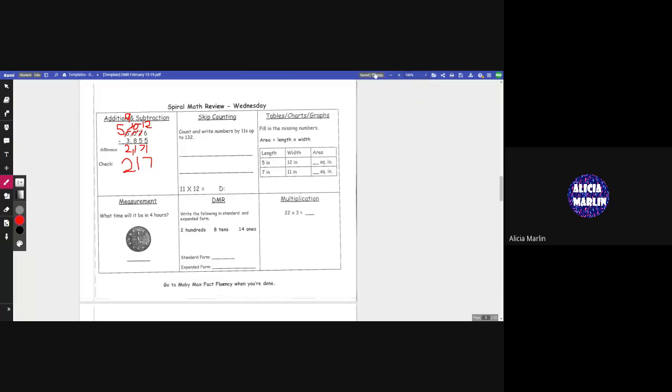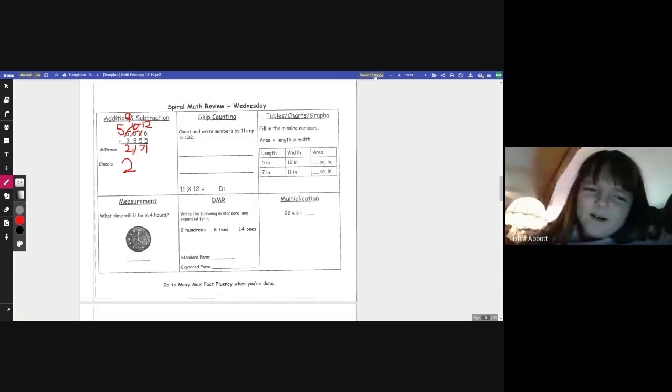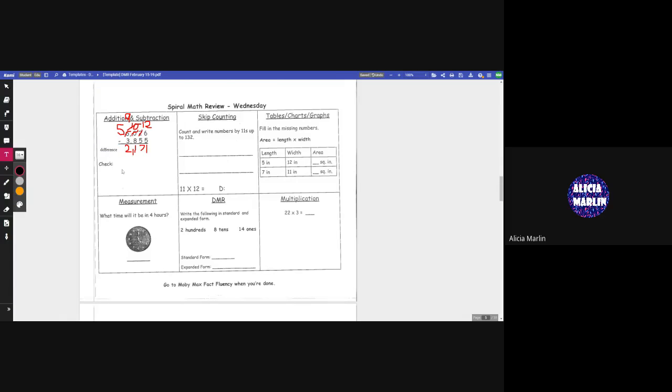Add the bottom 2 numbers. I'm going to add the bottom 2 numbers. Very good. 2,171 plus 3,855.